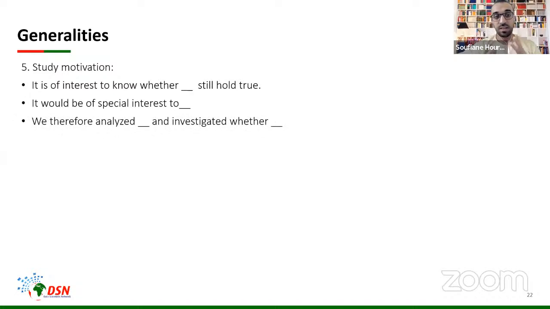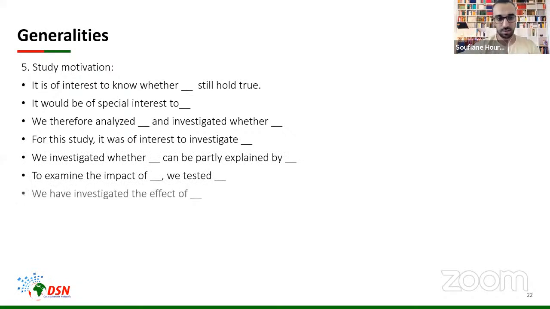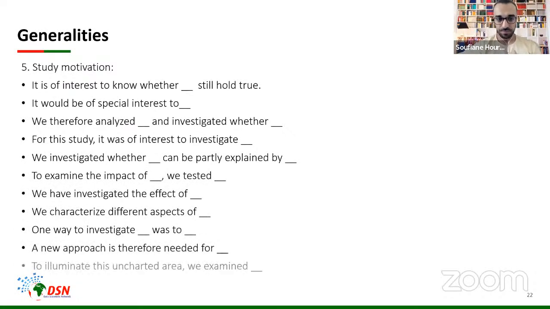We therefore analyze, so this is after an analysis, and investigate whether, of course with a hypothesis in the background. For this study, it was of interest to investigate something like that. We investigated whether something can be explained, and there are many others that you can use. Here I presented a lot.